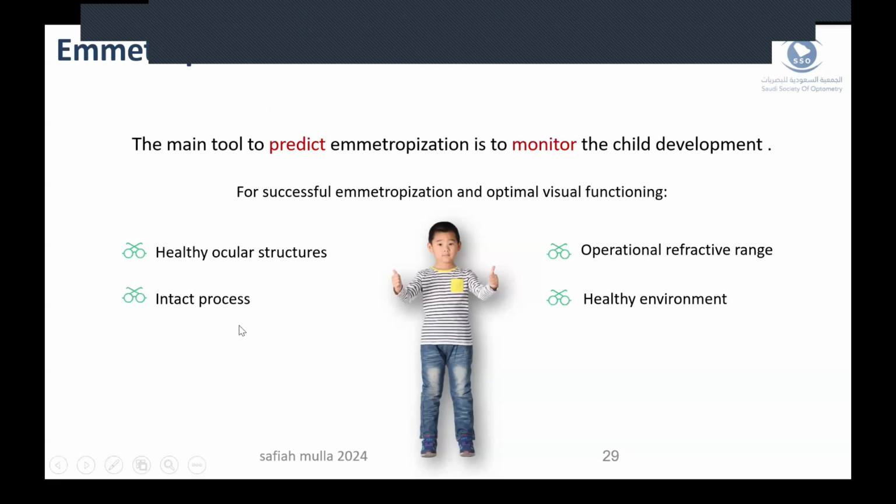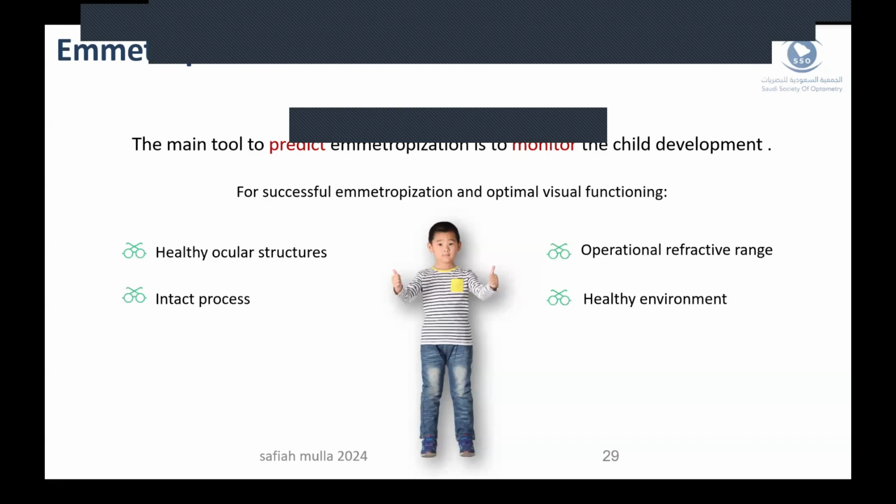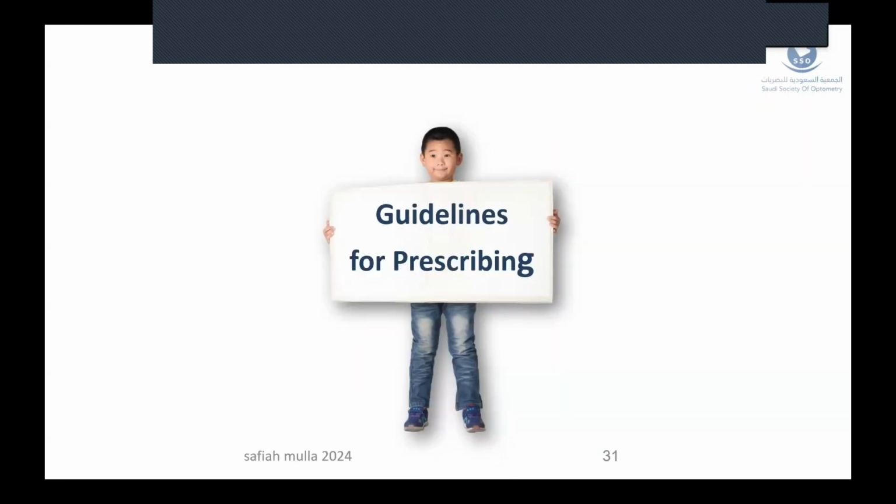We need to check that the process is intact, the operational refractive ranges the child should have, and then a healthy environment so that we direct the development toward the correct point. And we will understand from the next slide what I mean by directing him toward the correct point for development: the refractive level for each age.